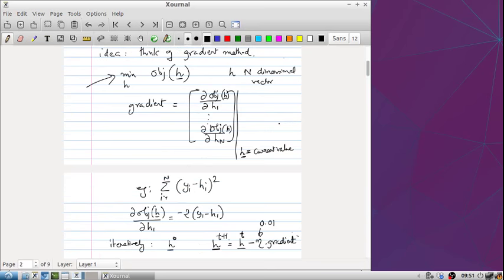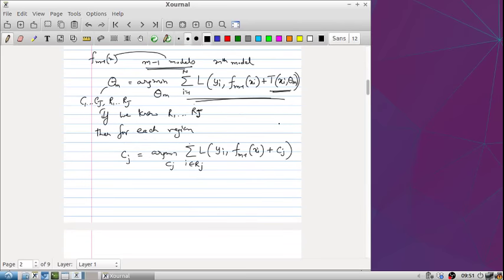I just said if you have some objective with respect to some parameter that you want to maximize or minimize, then you find the gradient with respect to it and iteratively update. Instead of that, the way we'll do it is this.